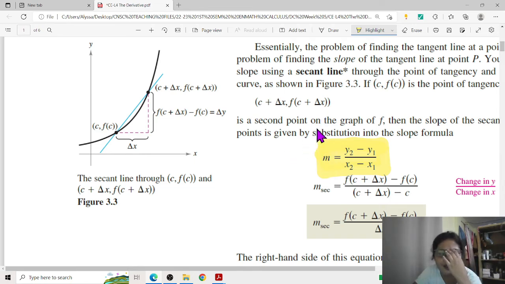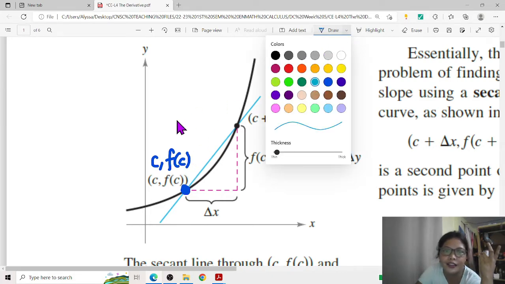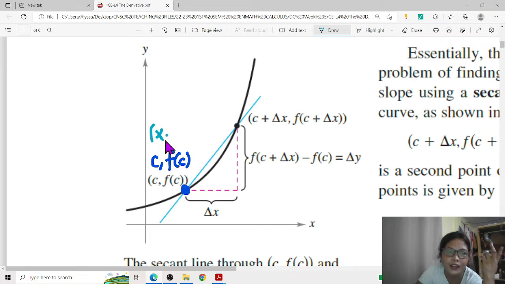Okay, so now that I have also mentioned slope, let us try to consider this figure that I have here in this diagram. So let's say, for example, your first point to consider is this one, which is c and the function of c. So parang ang ibig sabihin, ang kaakibat niyan or equivalent lang din naman yan sa x mo and your y.